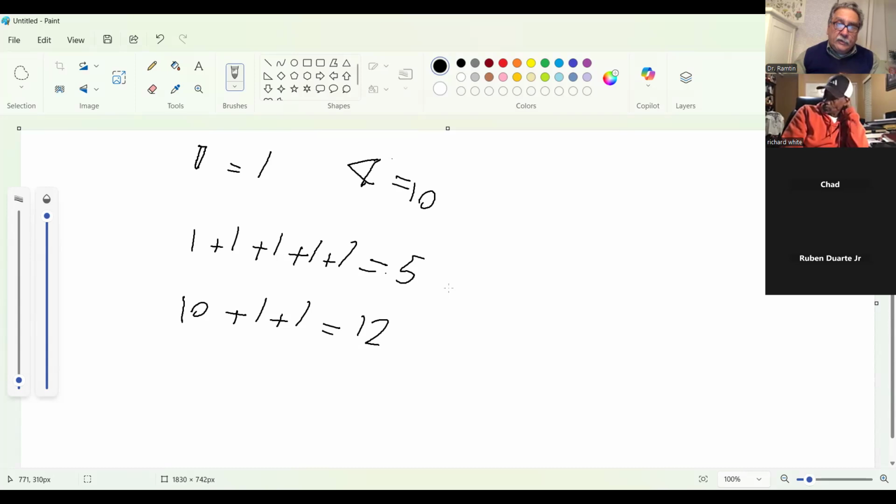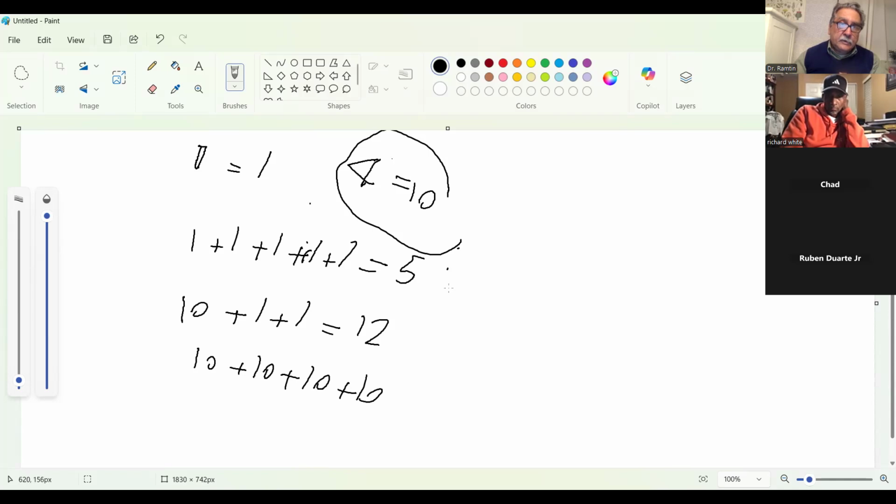You have 4 of these symbols, so you add 10 plus 10 plus 10 plus 10. And then you have 5 of these ones. Sorry about that. So you add 1 plus 1 plus 1 plus 1 plus 1. So you get 45.